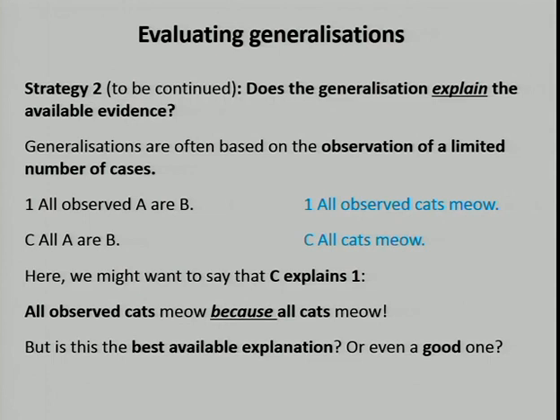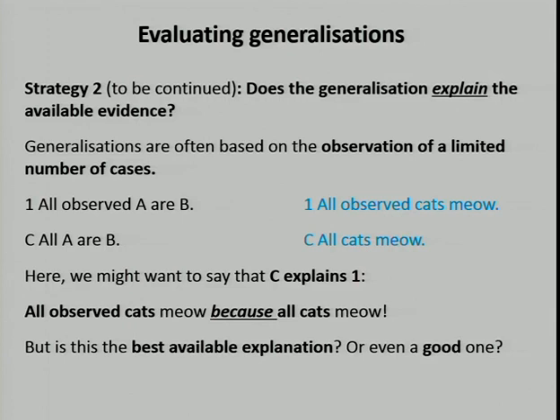And one way to go at this is to say, and this is kind of weird because it flips what you're doing, right? Why should we believe that all A are B, that all cats meow? Normally we would say, all of the observed ones have been like this, therefore this is the case.